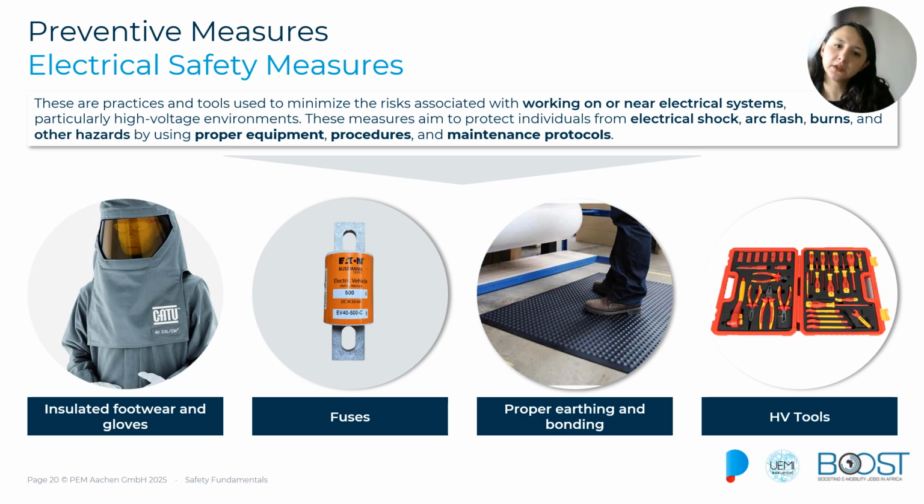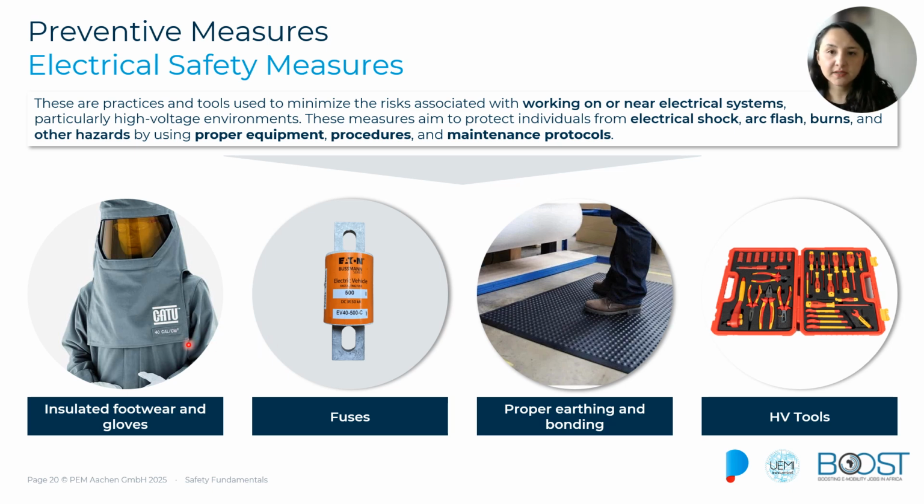Building on the importance of workspace safety, I want to show you here some of the electrical safety measures that we always have to use, and that will allow us to prevent all of the hazards that were explained, like electric shock, arc flash, and burns, and so on.